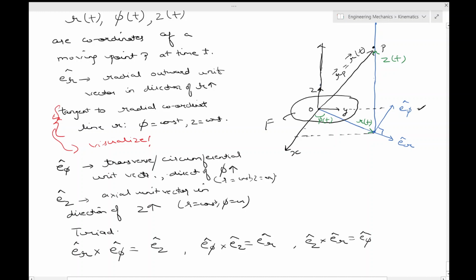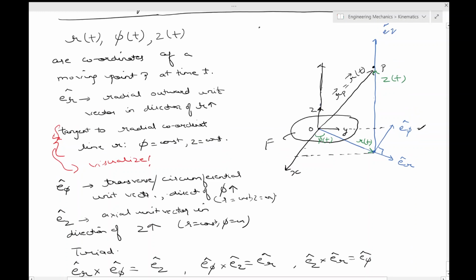So let's try to visualize first of all some of these things. I have left this for you to visualize, but let me help you out with a couple of them. ER is tangent to the radial coordinate r, where phi is a constant and z is a constant.